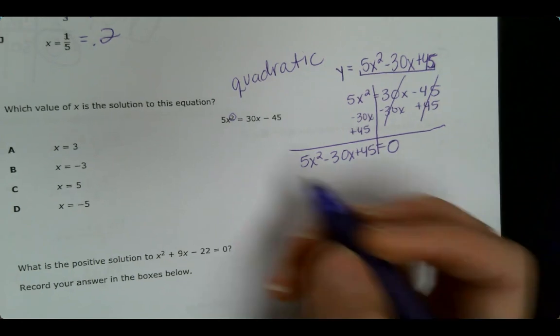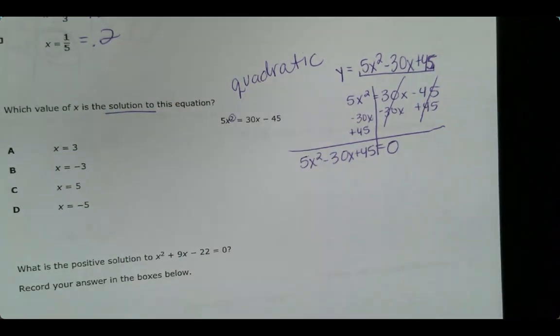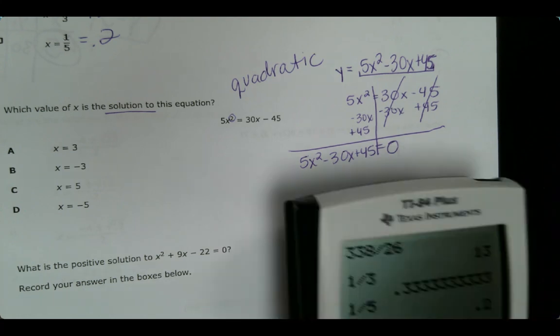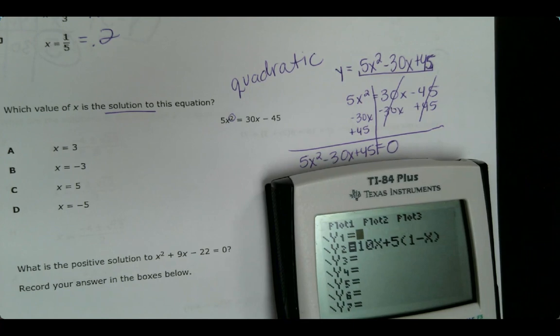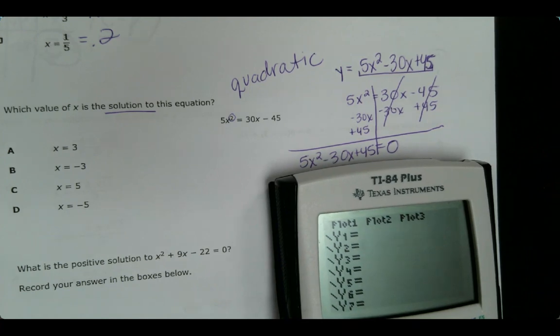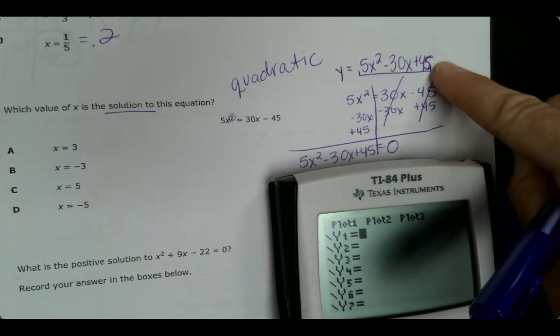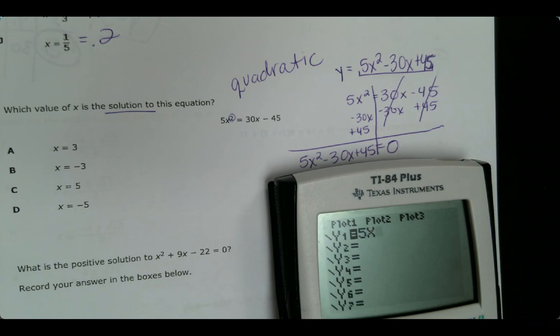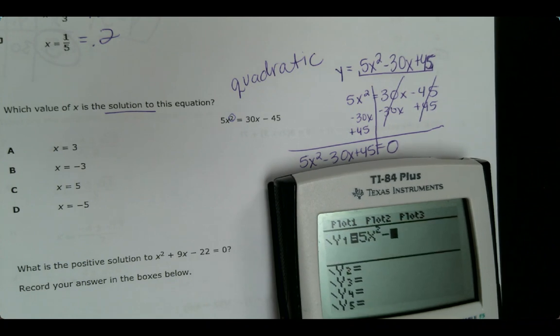So if we want to find the solution, that means where it crosses the x-axis. It's your x-intercept. So you go to y equals, clear out what's in there, and you're going to put this in. 5x squared minus 30x plus 45.